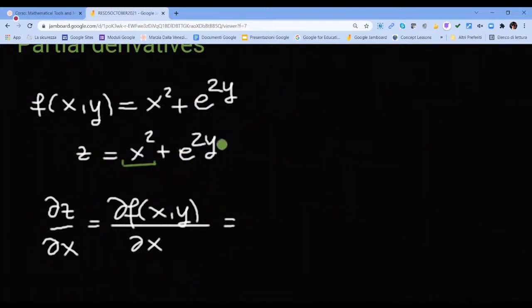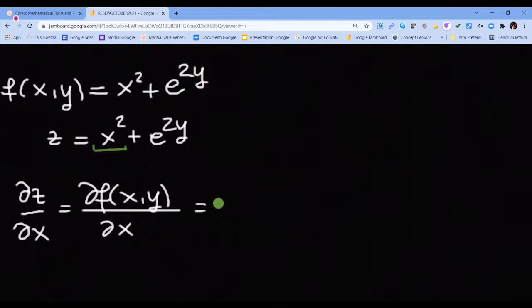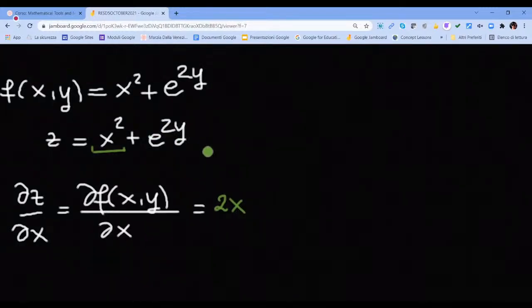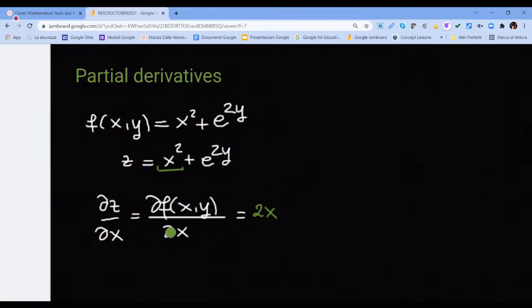Everything else is considered as a constant. So we differentiate x squared, it is 2x, but differentiating with respect to x, this term of the function is considered as a constant, and so the derivative is 0. So what remains is 2x.